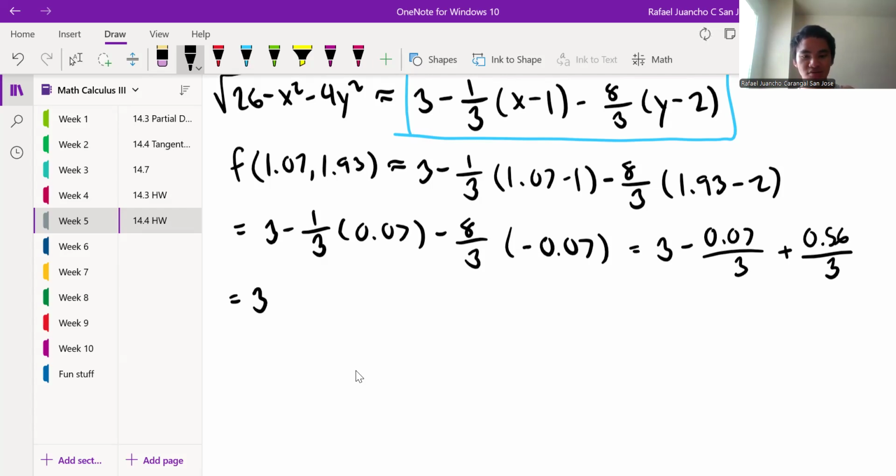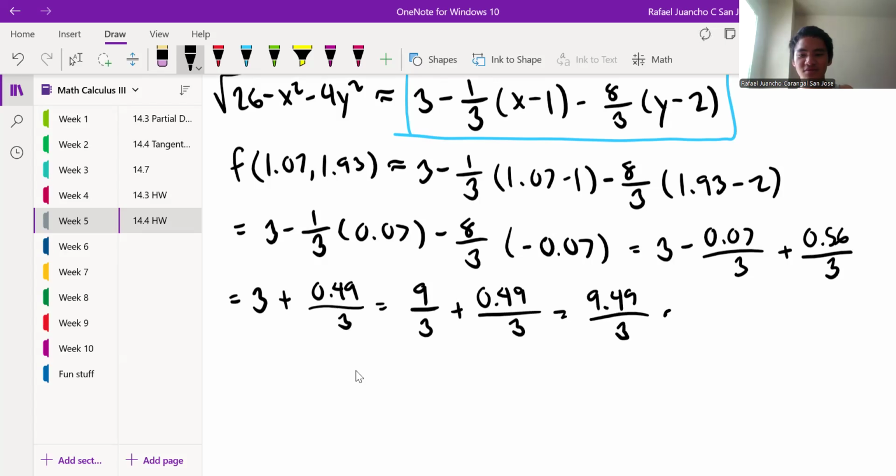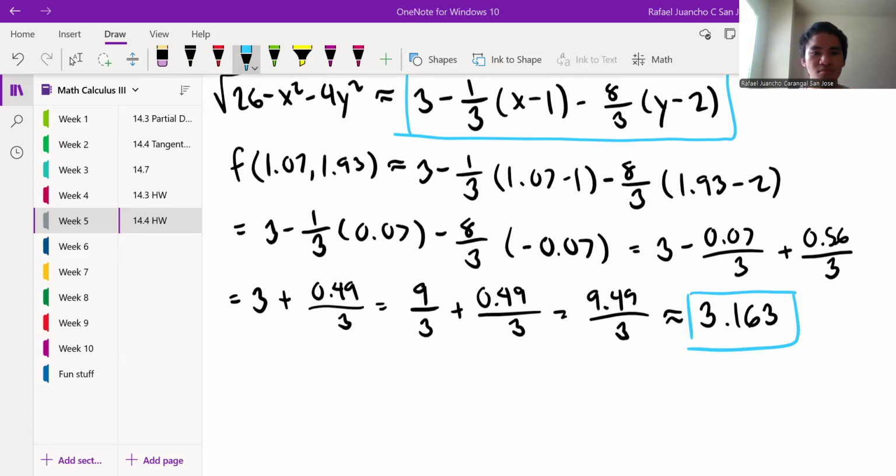So that's 3 plus 0.49 over 3. I could make this 9/3. This is 9.49 over 3. And if I approximate 9.49 over 3, rounding to 3 digits, I get 3.163. Let me see if I got it. Should be the correct answer though. Nice.